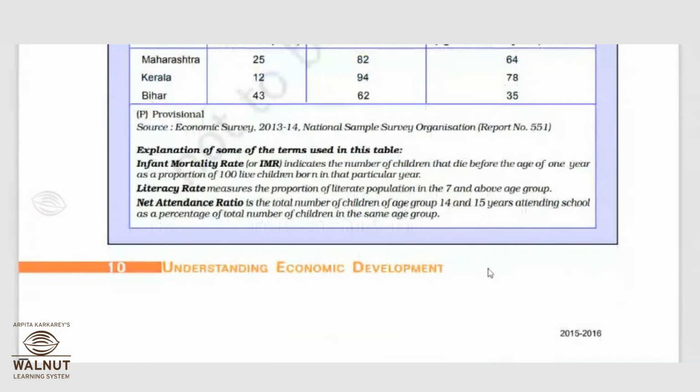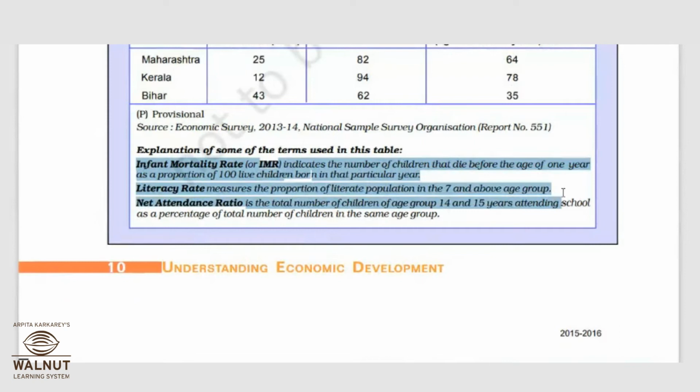Life expectancy at birth means how many actually survive the first year of their life. In many remote places where health facilities have still not reached, the infant mortality rate is high in India also.